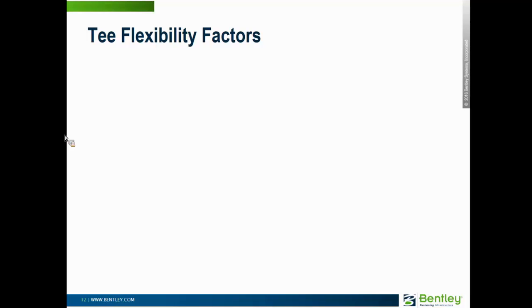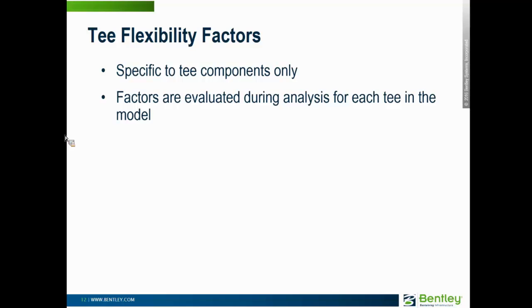Okay, unfortunately that was a really quick run through for stress intensification calculations. Now let's look into flexibility factors. Firstly, only T components are affected by the updated flexibility factors in B31J. T factors themselves are evaluated using static analysis for each T in the model.